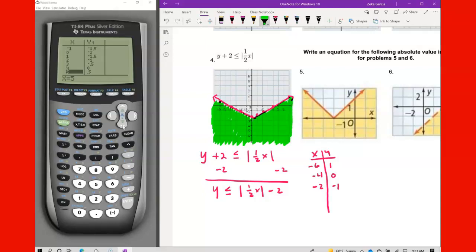And there is our inequality. Remember, the solution will be everything that's in the green plus the boundary. And remember, I taught you that this is called a boundary, and this is called your solution area or solution region.